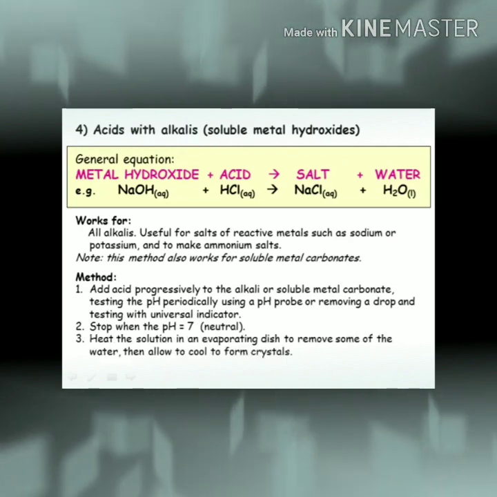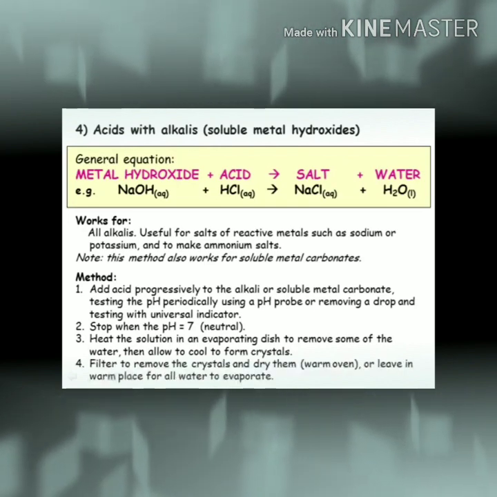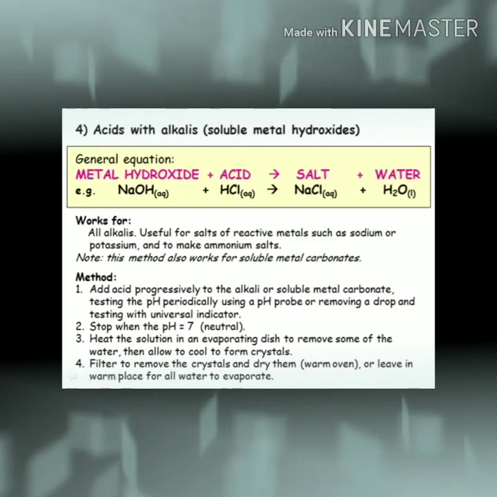It will be neutral. In the third step, heat the solution in an evaporating dish to remove some of the water, and then allow it to cool to form crystals. Finally, filter to remove the crystals and dry them.